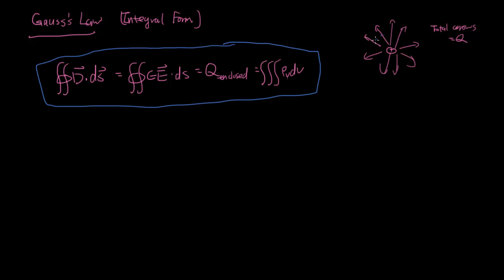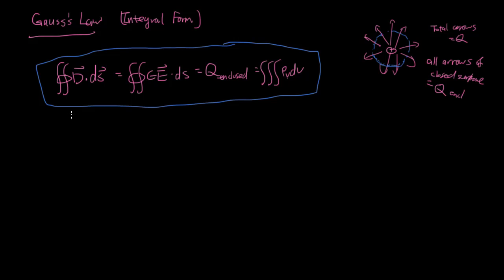What Gauss's law is saying is if I draw a closed surface, any kind of closed surface, that's what this circle in here means, and add up all arrows of a closed surface, that equals Q enclosed.